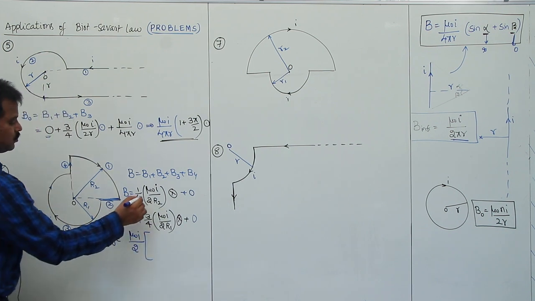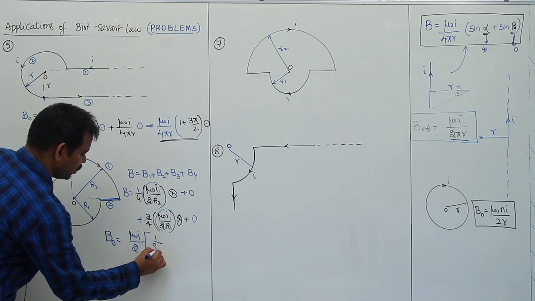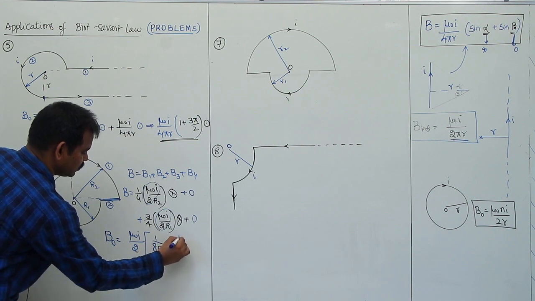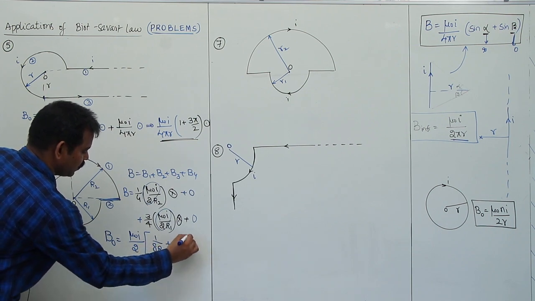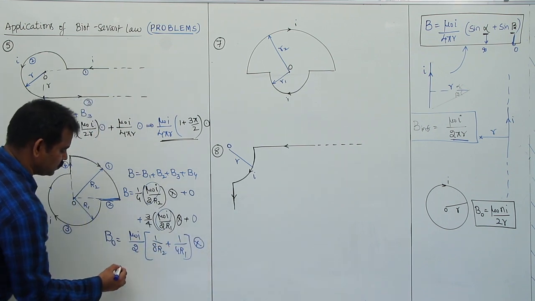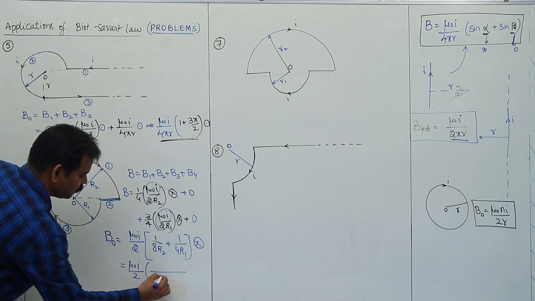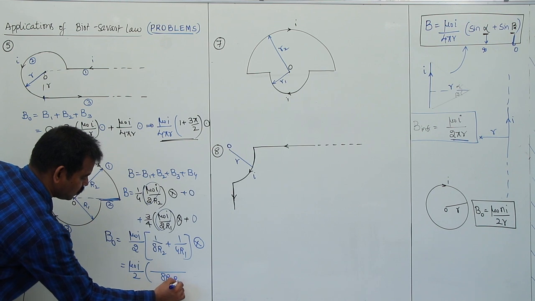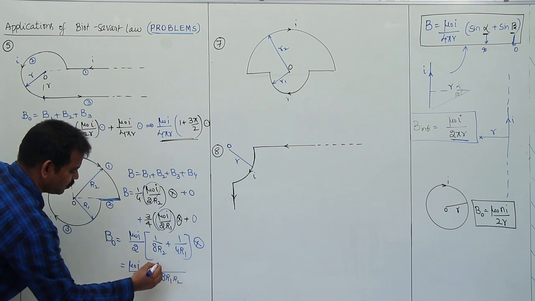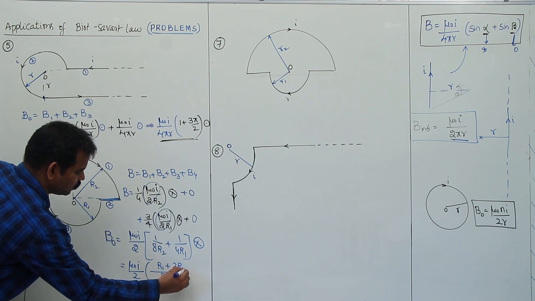The remaining terms are 1 by 8r2 plus 1 by 4r1. After simplification, mu naught I by 2, if you take 8r1r2, this becomes r1 and this becomes 2r2, and the total field is acting into the board.